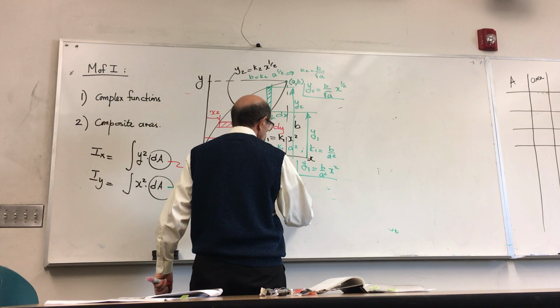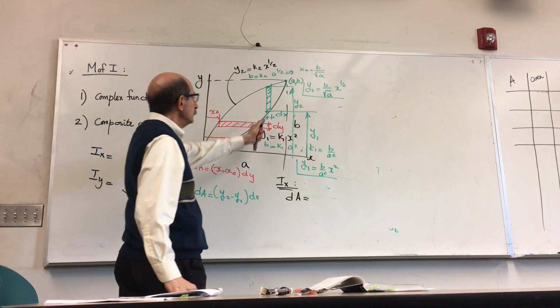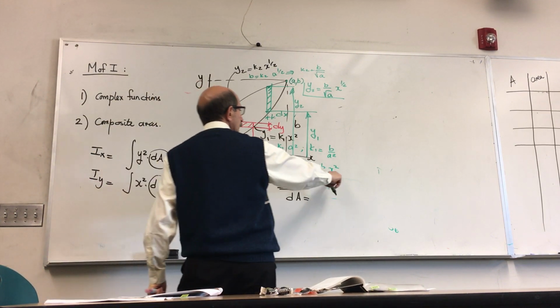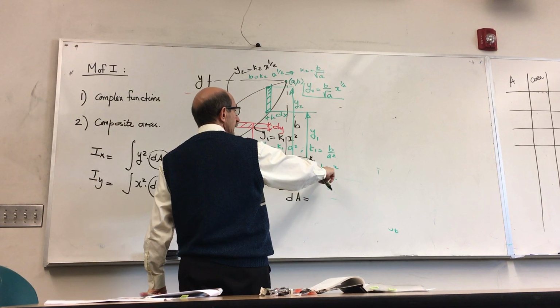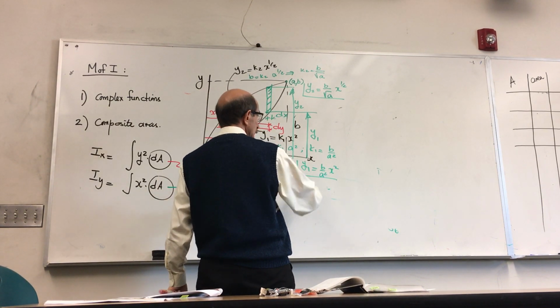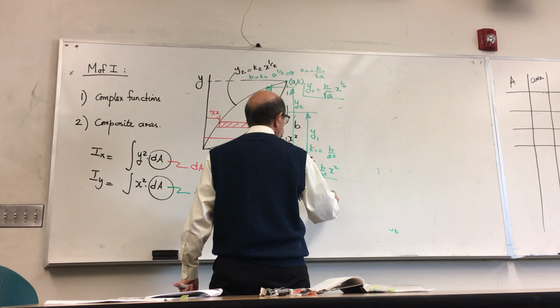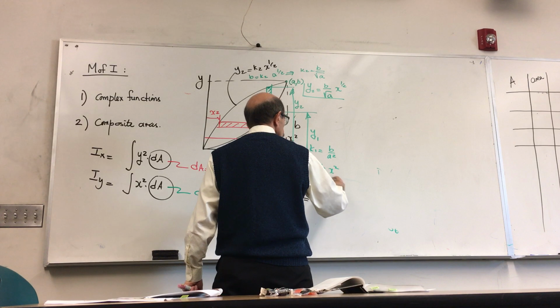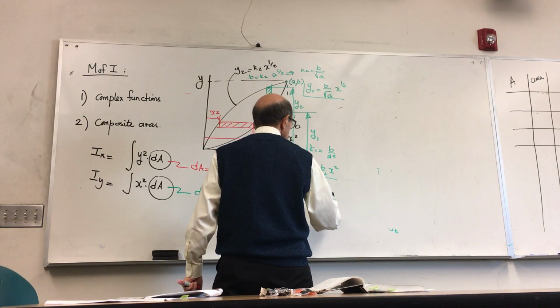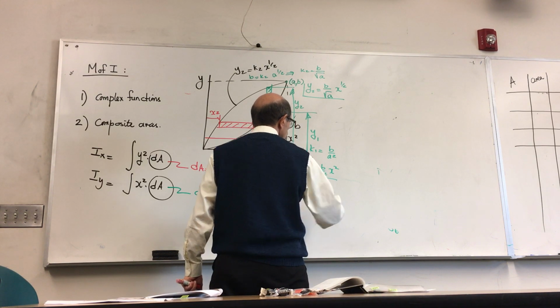So let's start with Ix then. We first set up dA. You need to find x from this function. This is the function. So if you want to find x from this function, x1, which is what you need from here, would be y a squared divided by b, the square root of that. So it comes out to be this.